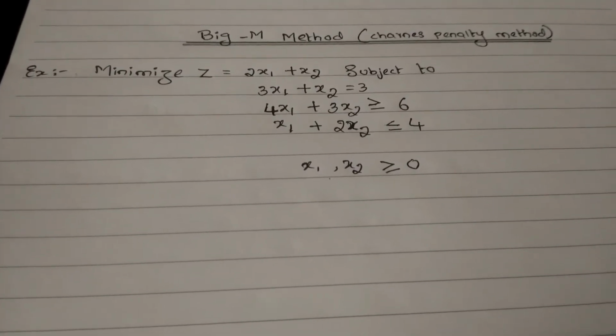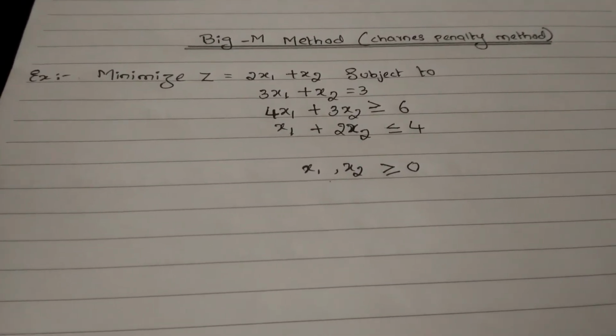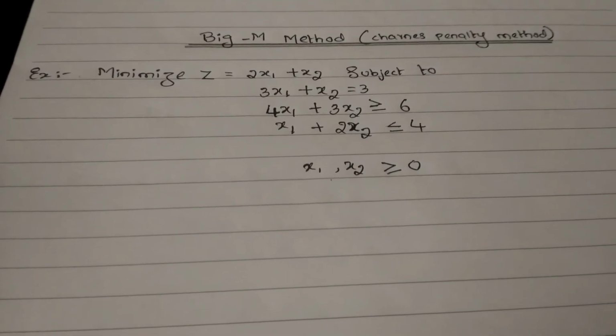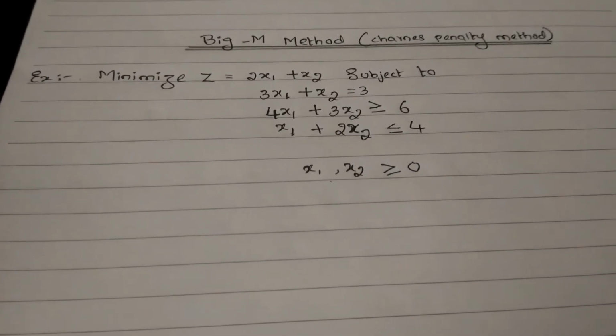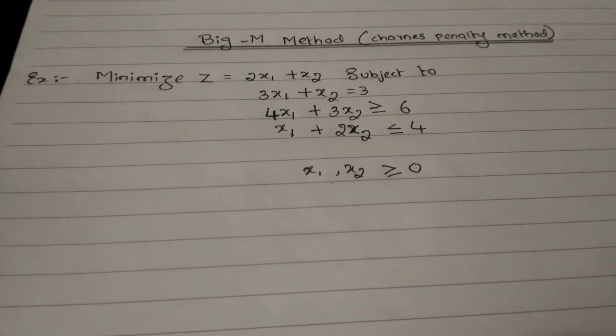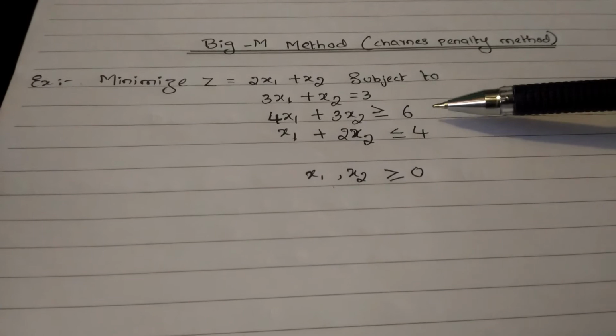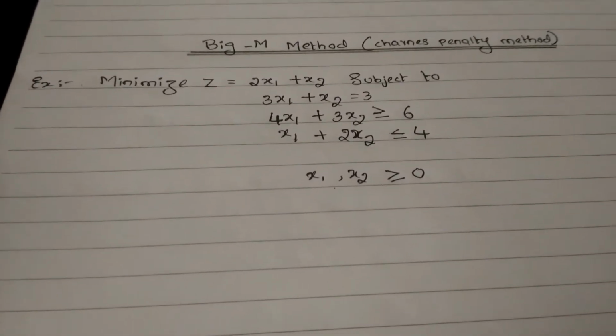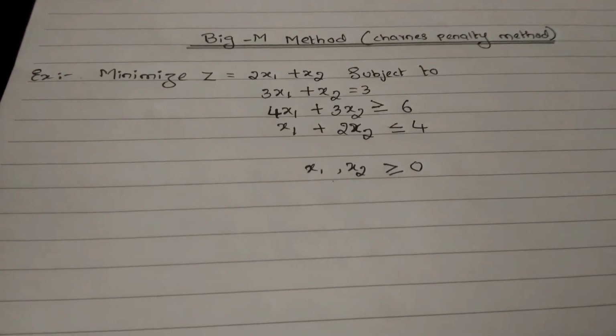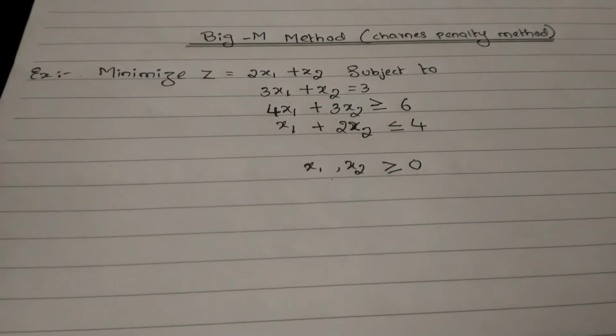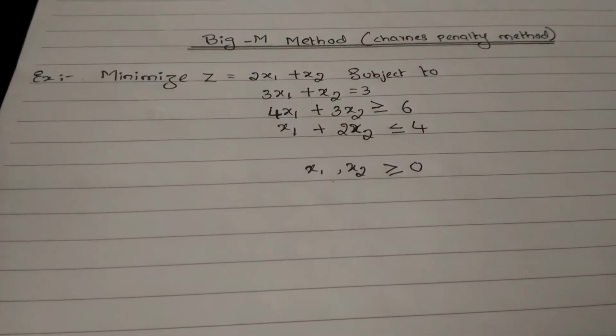Now, a surplus variable is a variable which is subtracted on the LHS part of the given subject to constraint wherein the LHS is greater than or equal to RHS, and along with the surplus variable, for the same subject to constraint we will also be adding an artificial variable.